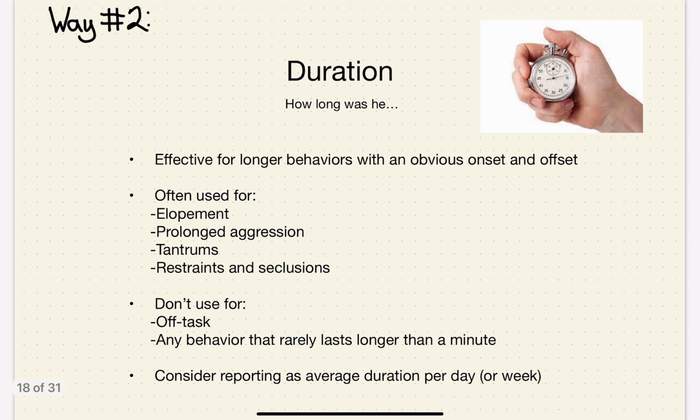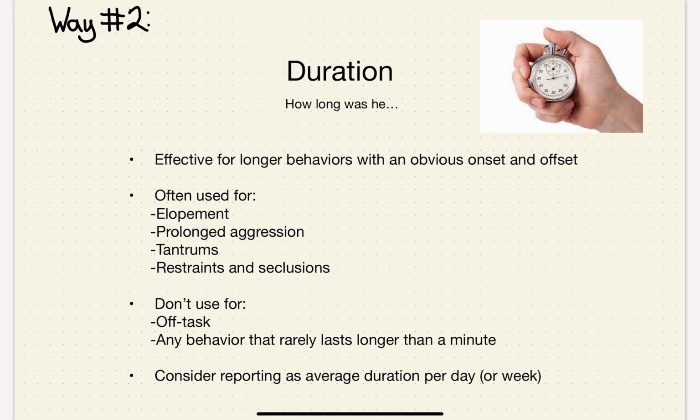Way number 2 is duration. So we use duration as a data collection tool if we wanted to answer the question, how long was student blank? So this is really effective for longer behaviors that have an obvious onset and offset. So if you have behaviors such as elopement, how long were they gone from this space, right? Or prolonged aggression, how long were they in crisis?